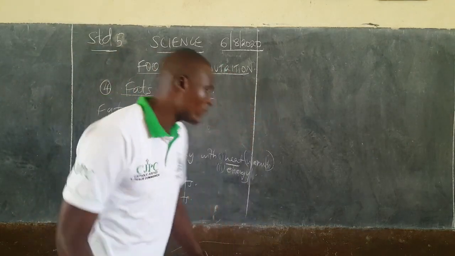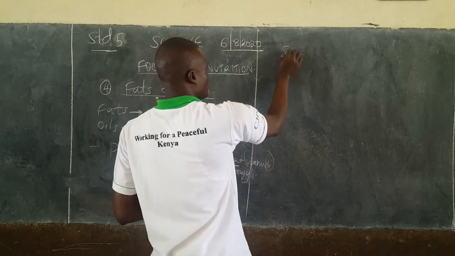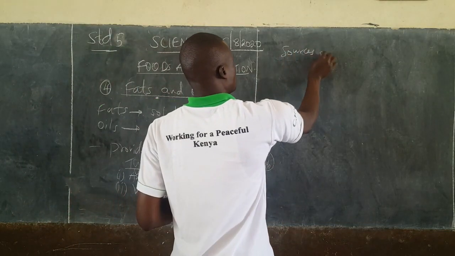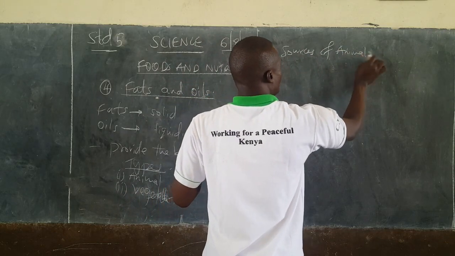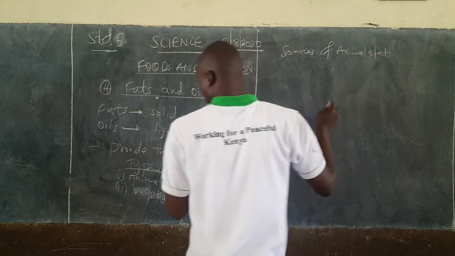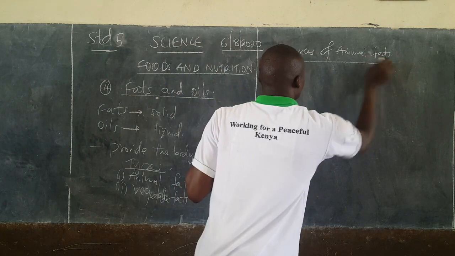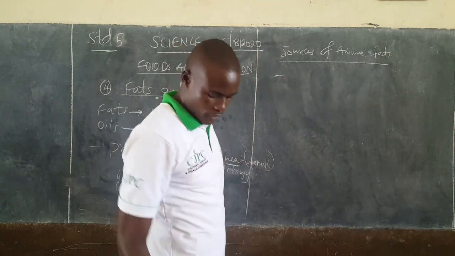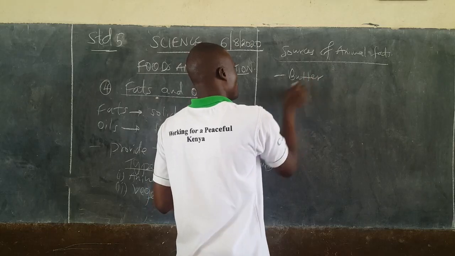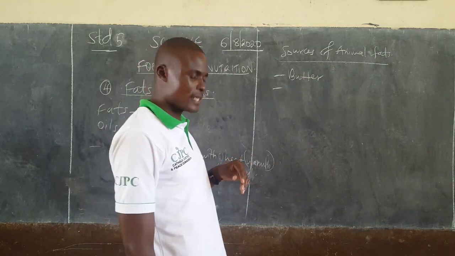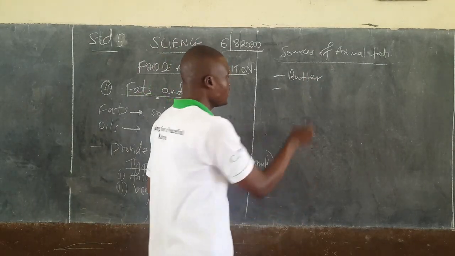Again, we go now to the sources of animal fats. Where do we get them from? Number one, we have butter. Butter is a very good example of animal fats. Then number two, we have cheese.